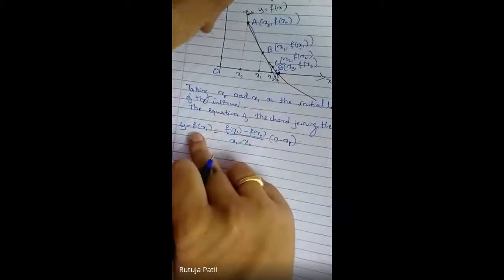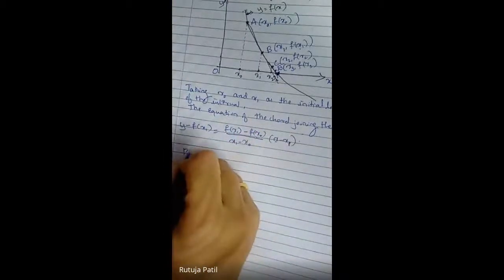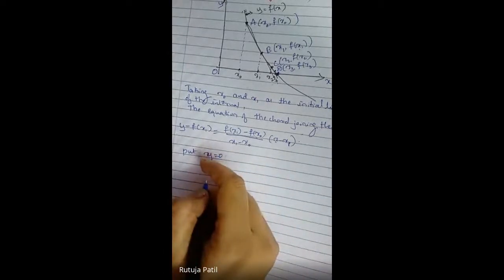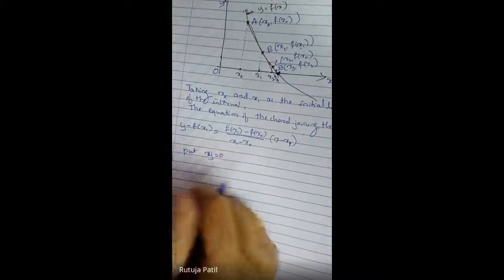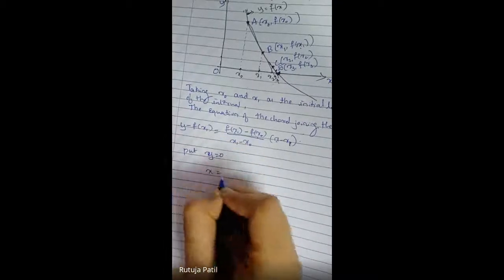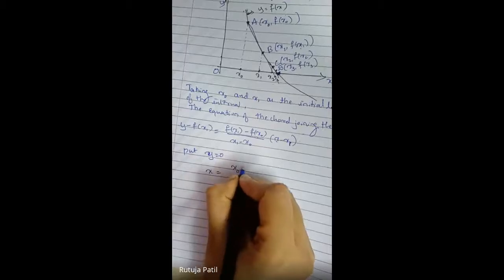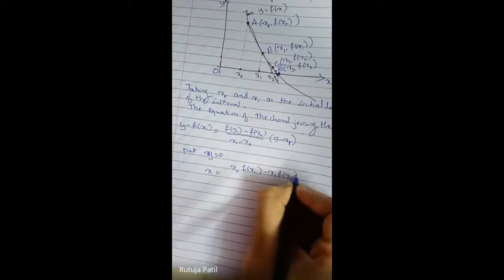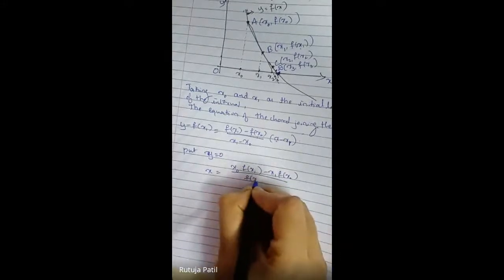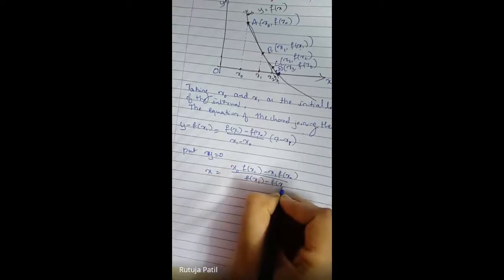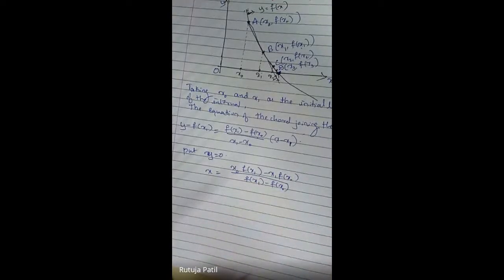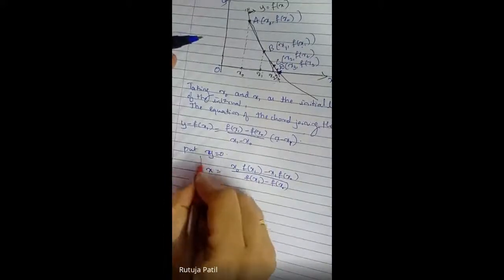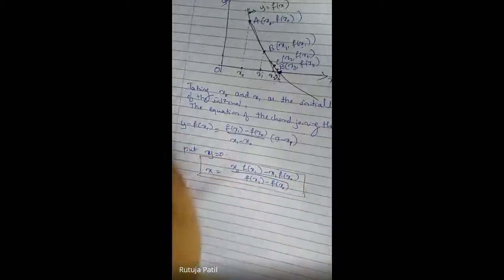So let us put y equal to 0, and then if you arrange the terms, you will get x equal to x naught f of x1 minus x1 f of x naught divided by f of x1 minus f of x naught. So this is the required approximate root formula.